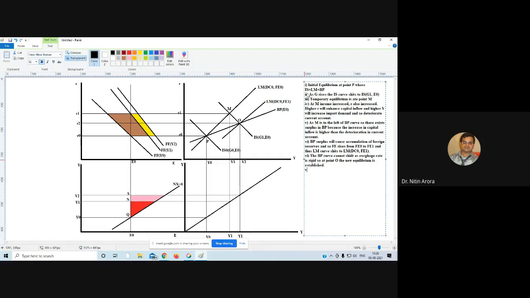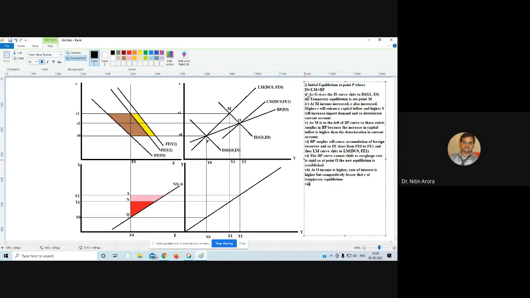Okay, at O, income is higher. The rate of interest is higher, but comparatively lesser than at temporary equilibrium.